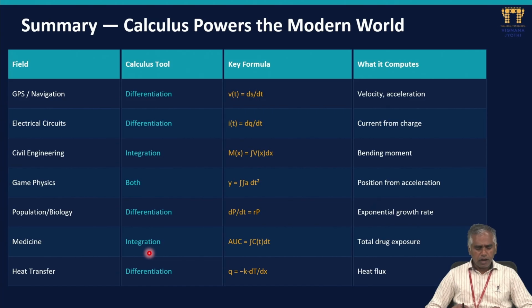The last one is heat transfer. In heat transfer, we apply differentiation, that is Q equal to minus K into dT by dx. It represents heat flux in the direction of the x-axis, that means in a single space.